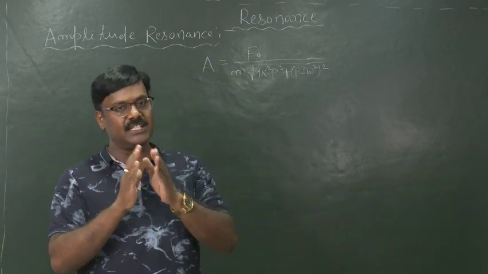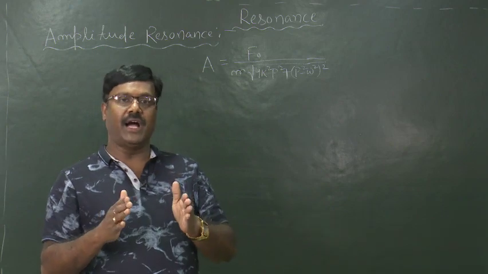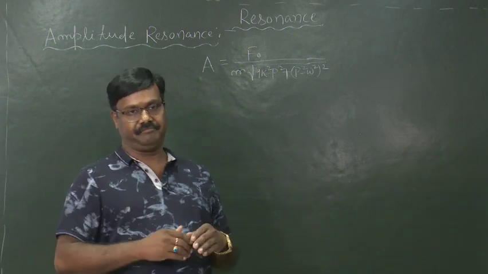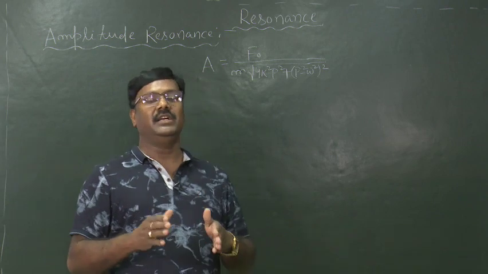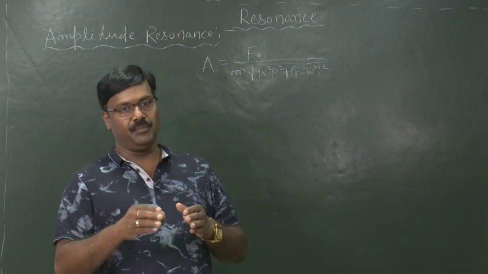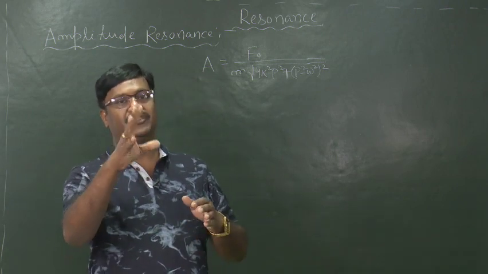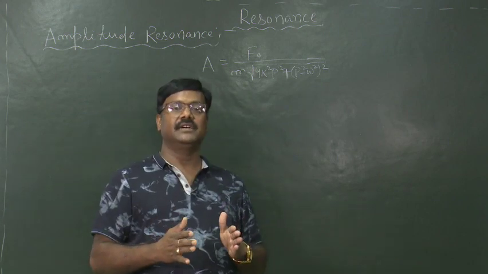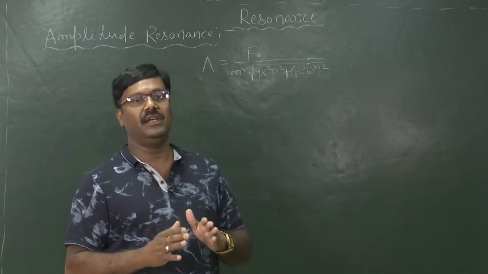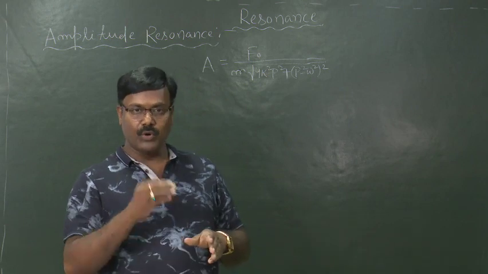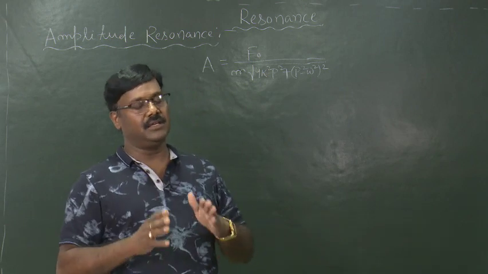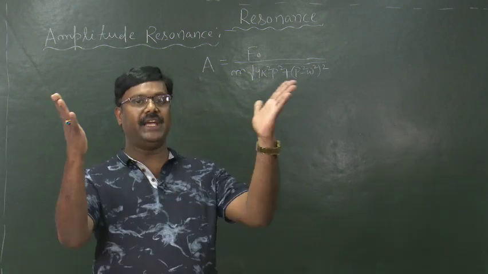At this situation, the amplitude ideally becomes infinity. That means theoretically the amplitude of a vibration becomes infinity at resonance, and actually this situation never happens. Only in resonance the amplitude becomes very high.